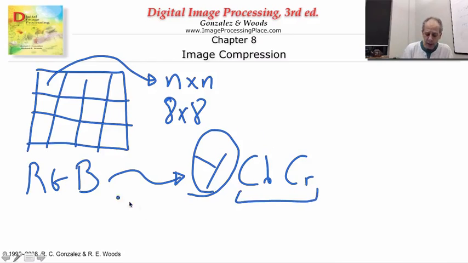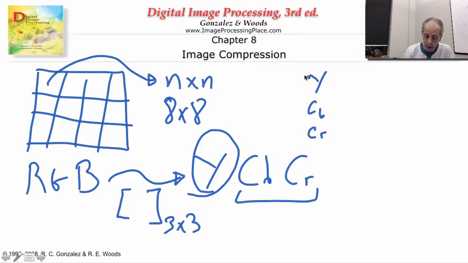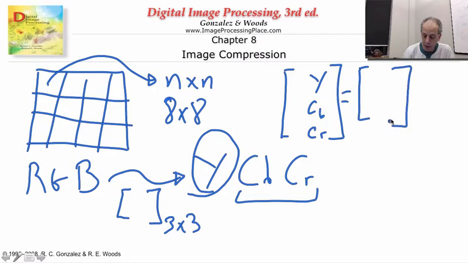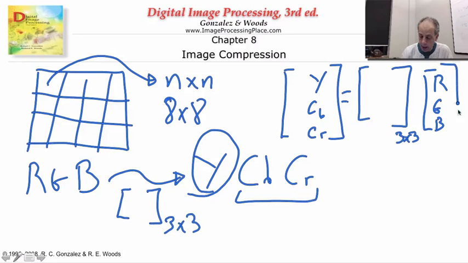Okay? And this is a very simple transform. This is actually done by a 3 by 3 matrix. So you basically are going to have your Y, Cb, Cr as a column. You have a 3 by 3 matrix here, and you have your RGB values.